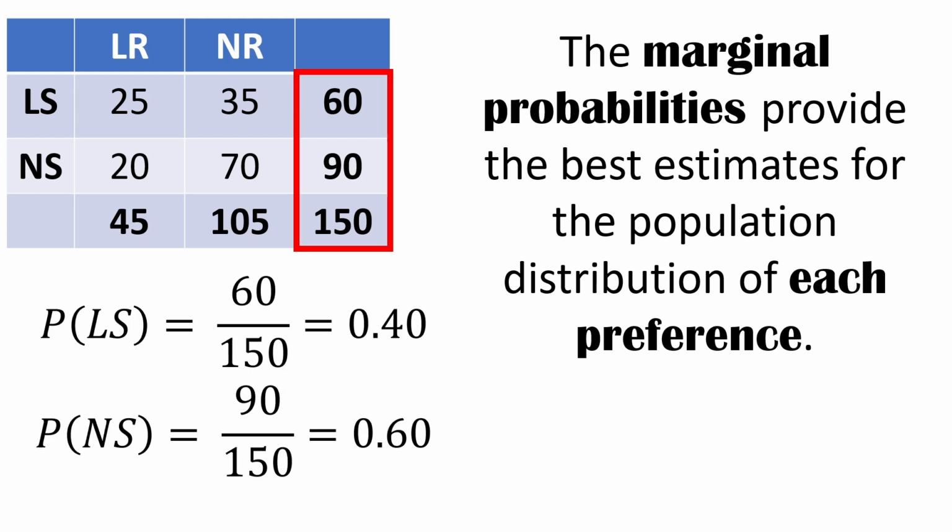So for example, if we're looking at likes sports versus doesn't like sports, you can see from the data that the probability that one of these 150 students likes sports is just 60 over 150, so it's 0.4. And of course, the probability that they don't like sports is just 1 minus that number. So 0.4 and 0.6 provide our best estimates for the corresponding population probabilities.